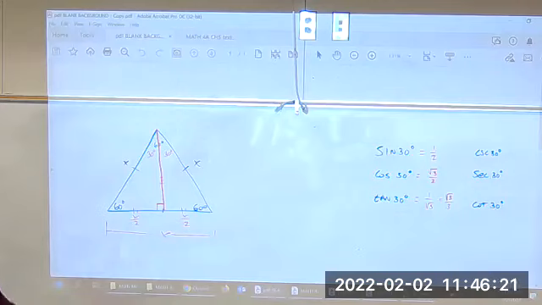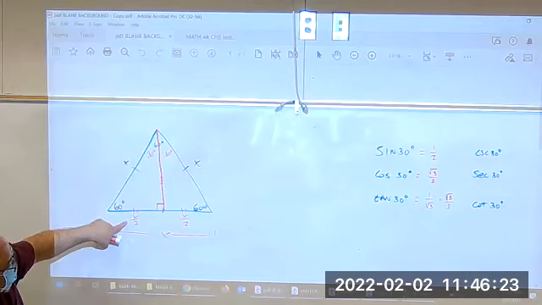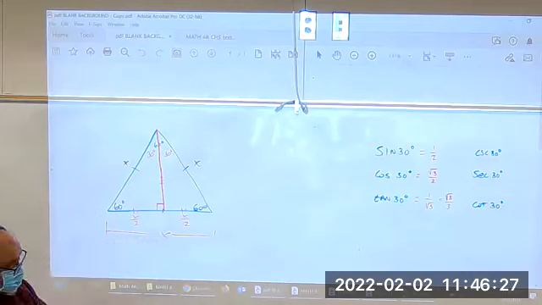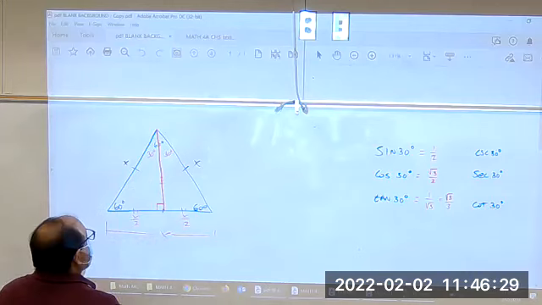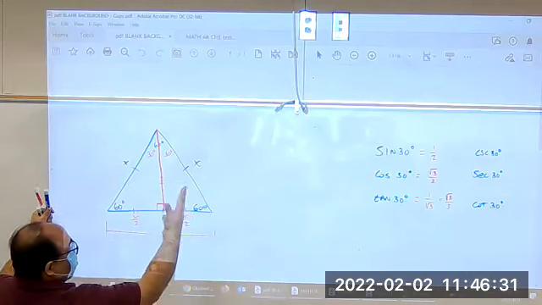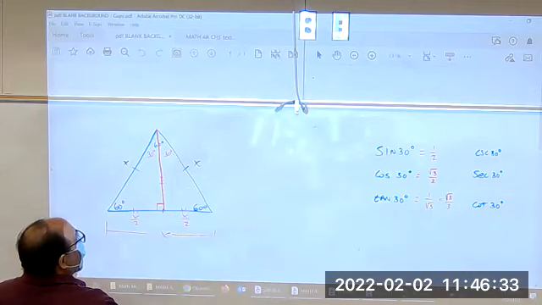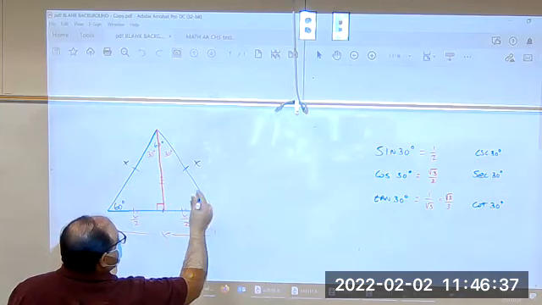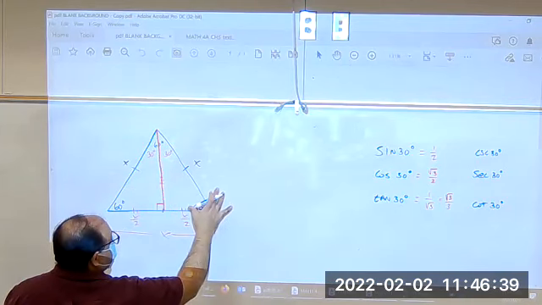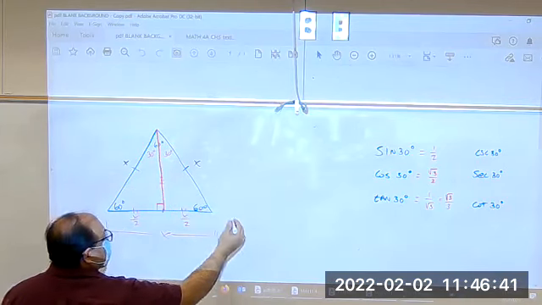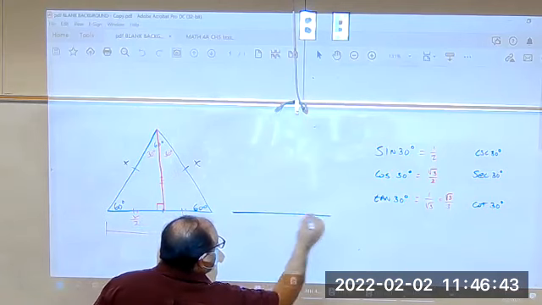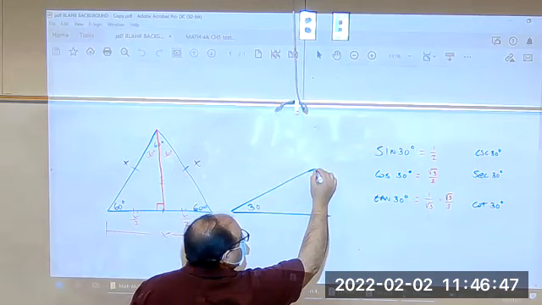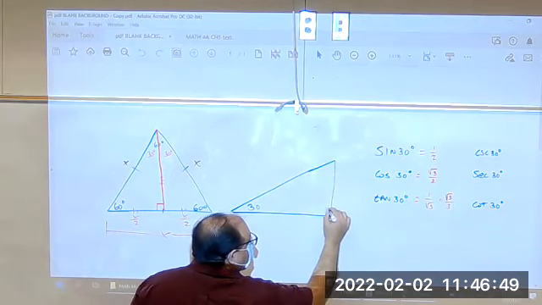So we know this is x, half of x. We just got to figure out the missing piece. I don't need the whole equilateral triangle anymore. I'm going to take the one on the right out of the picture, and I'm just going to flip it over. So the 30 degrees is here, just putting it on its side.